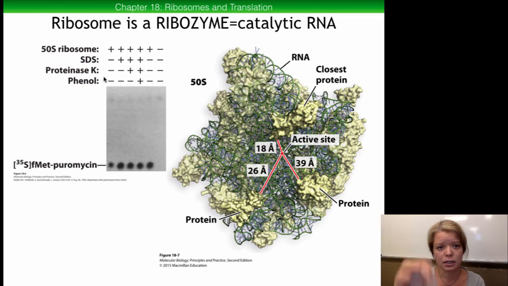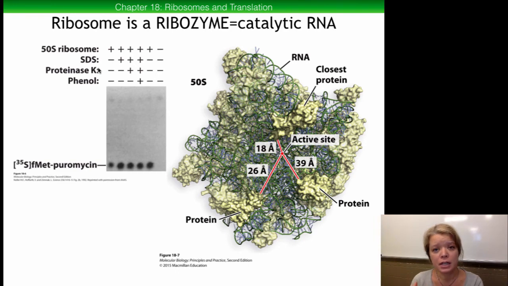So the first thing that they did is they added phenol. Phenol is a solvent. It will remove all the hydrophobic proteins out of the ribosome, but leave charged proteins there. Proteinase K is a proteinase, so it destroys proteins, but not RNA.